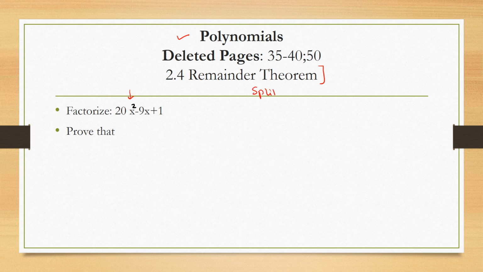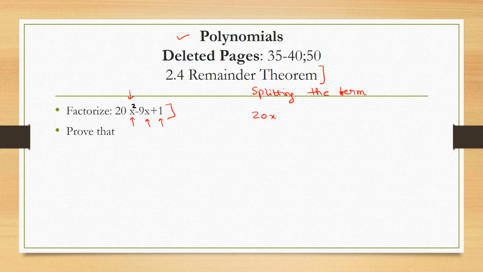When we say splitting, we mean splitting the middle term. Let's always see if all the terms in the expression are arranged in decreasing order of degree. So here the degree of x is 2, then x is 1, here degree of x is 0, right? So yes, these are properly arranged.